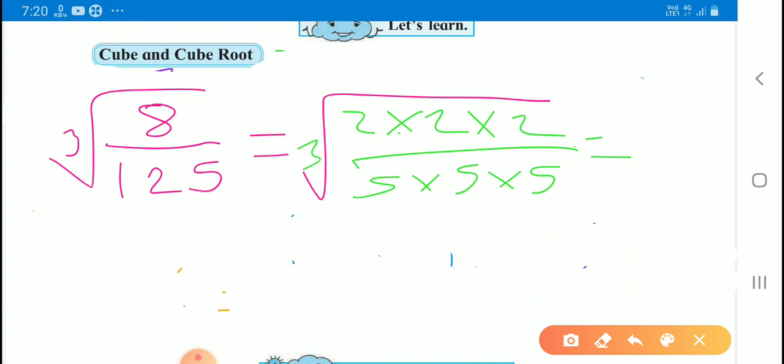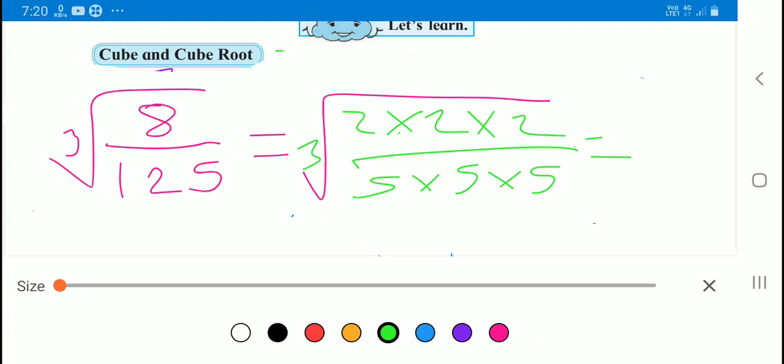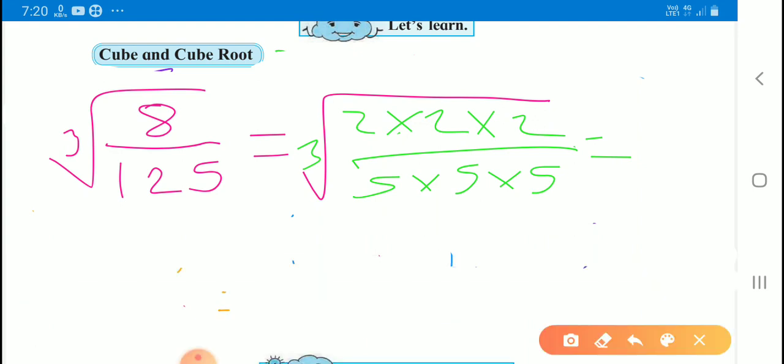Now these 3 times cube root we are finding, so these numbers will come from this cube sign, 2 upon 5. Okay, suppose this will contain negative sign, then your answer will come negative.